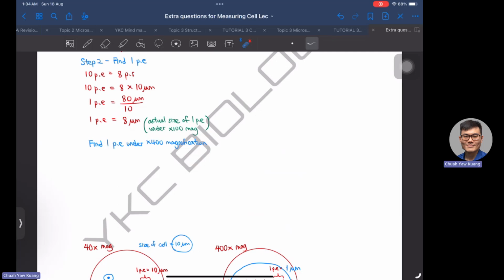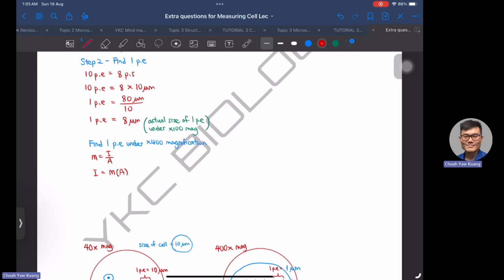What we know here is the magnification formula: magnification equals the image over the actual. And we know that the image size of the eyepiece reticule is always the same. So we can rearrange it so that image equals magnification times the actual size.